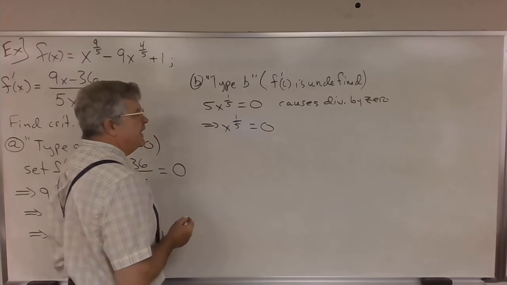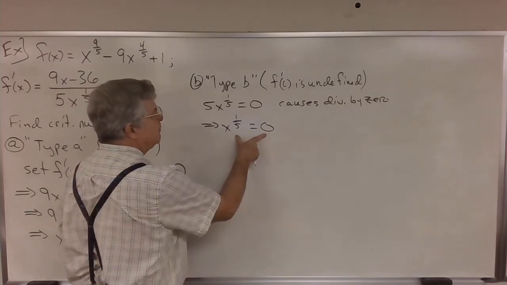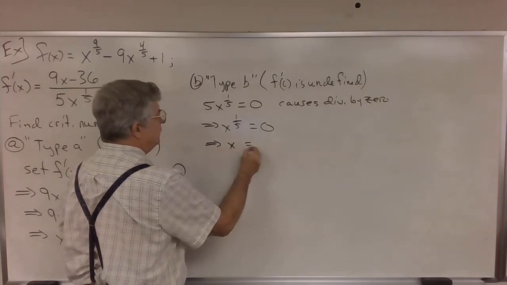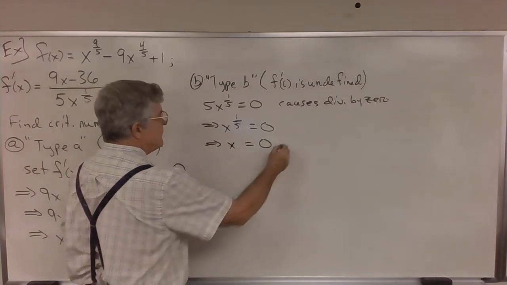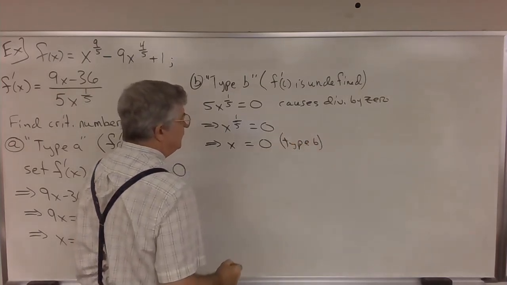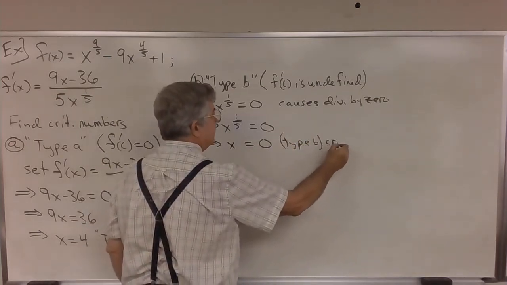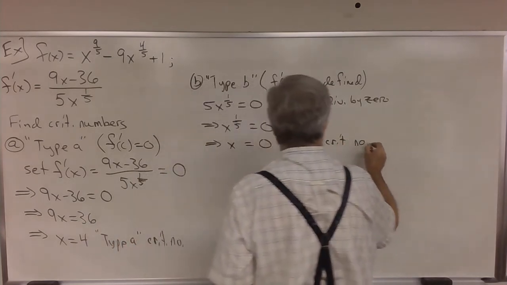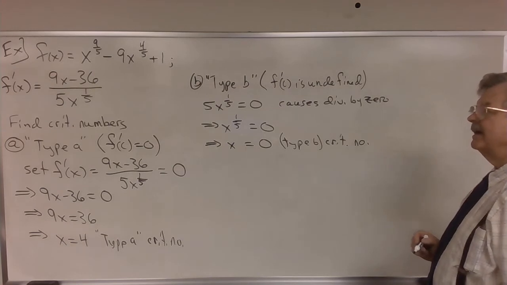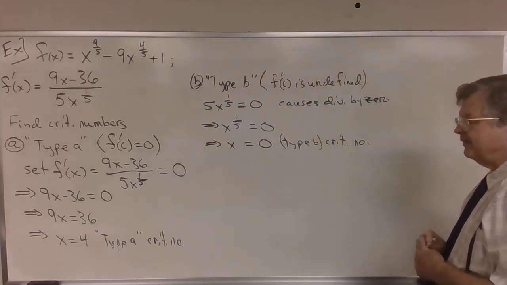If we don't look at it that way, we can just raise both sides to the 5th power. And that will give us x equals 0 to the 5th. We get x equals 0 as a type B critical number. Looking good.